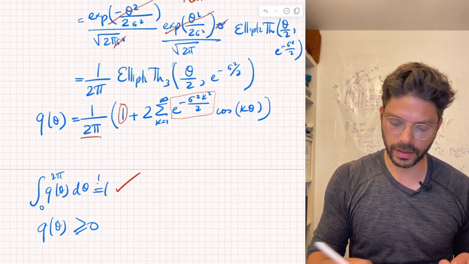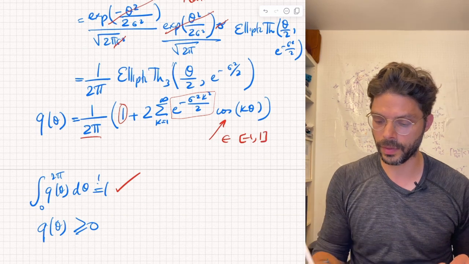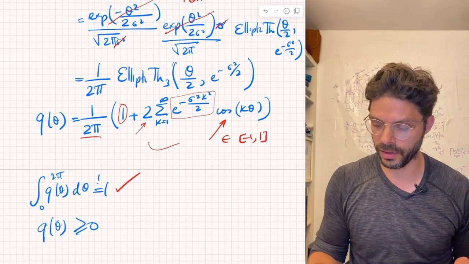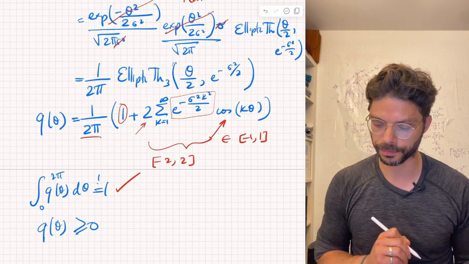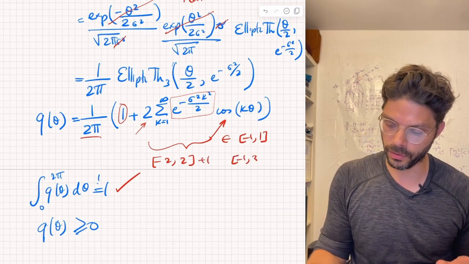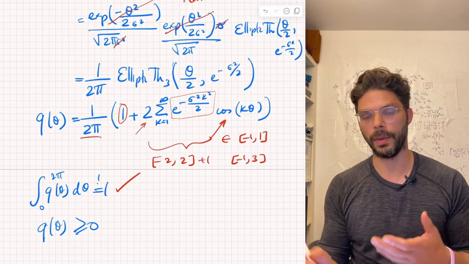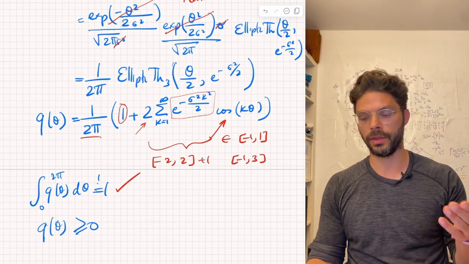This term belongs to minus 1 to 1, and it's getting multiplied by 2, so this term in principle could go from minus 2 to 2. When you add 1 to it, you get minus 1 to 3, so there might be a chance of getting some negative value. It will turn out that you don't get those, but you have to show that.